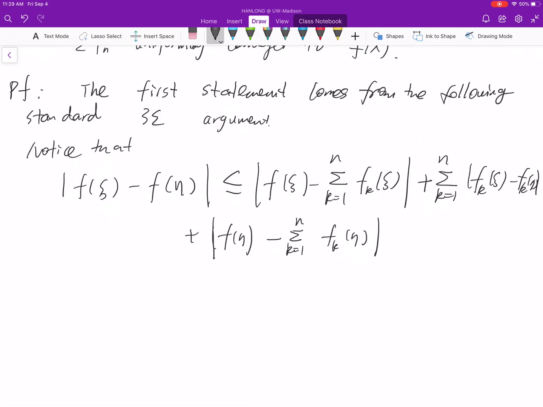To derive this, you only need to apply the triangle inequality several times on the right hand side.